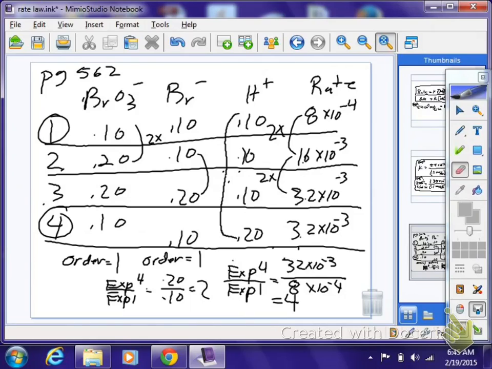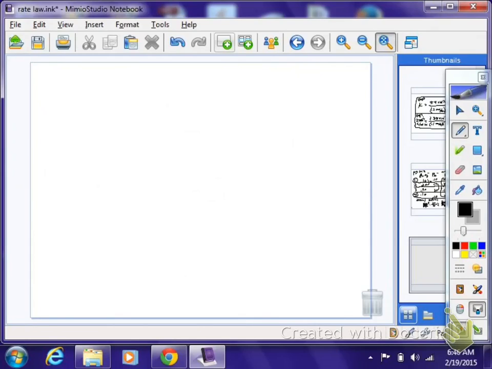So I don't have room underneath, but H plus is an order of 2. I'll put it up above here. Okay? So how does that go in your rate law expression? I'll go ahead and show that. So, again, rate is going to equal K. We're going to put our orders in.